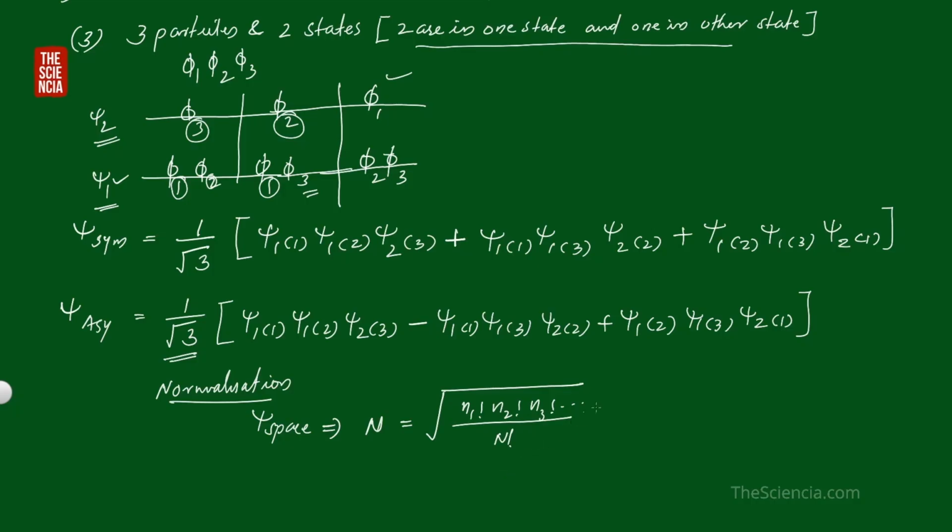Here what are these n1, n2? These are the number of particles in each state. I tell you, don't worry. And capital N is the total number of particles.